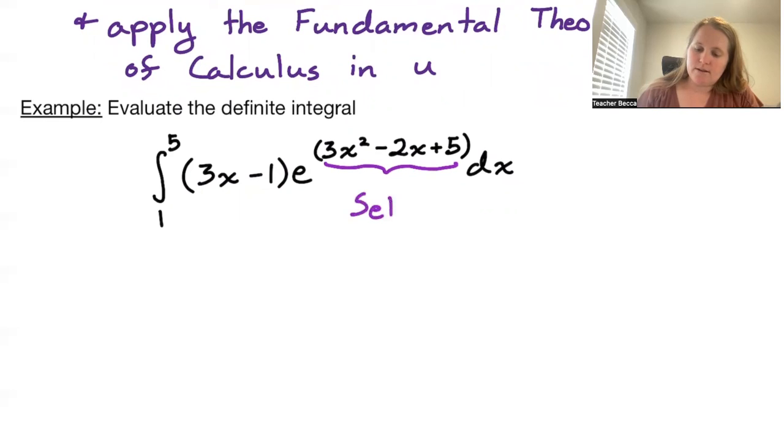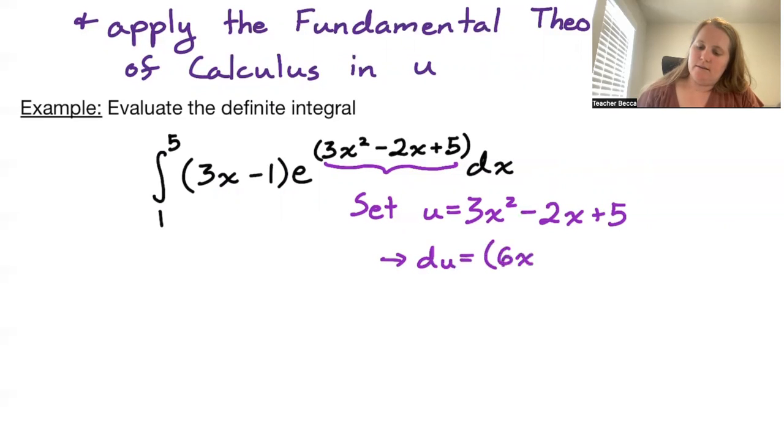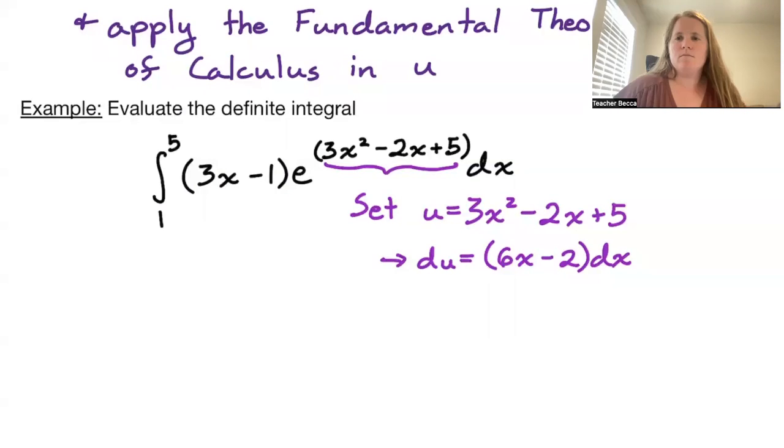So let's set u equal to 3x squared minus 2x plus 5. Then we have that du is 6x minus 2 dx.